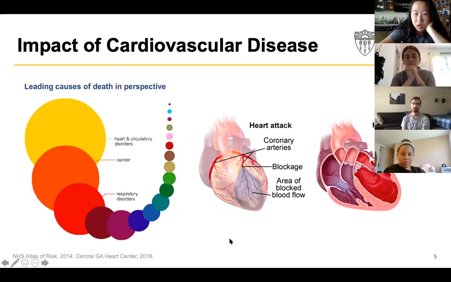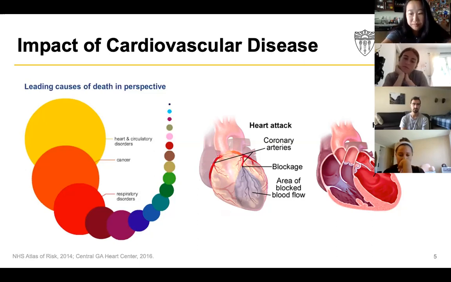Because human hearts are extremely limited in their regenerative capacity, any kind of damage to the heart is often irreparable because the scar tissue that forms fails to maintain both the electrical connection as well as the mechanical connection needed for the heart to beat.